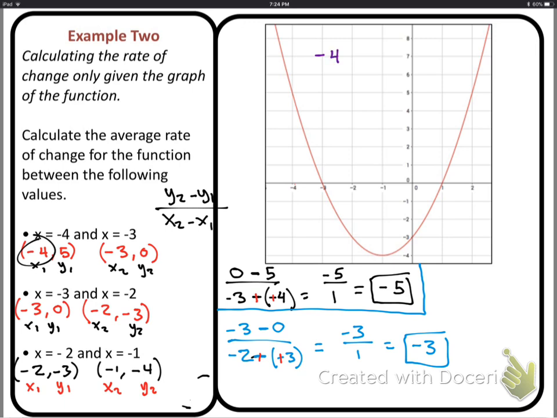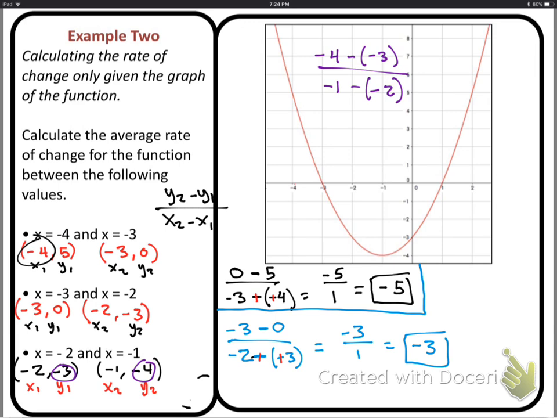So that's -4 minus -3. Right, y2 minus y1. Divided by x2, which is -1. The minus sign from the formula. X2 is -1. Nope, x2 is -2. Almost messed up. So -1 minus -2.